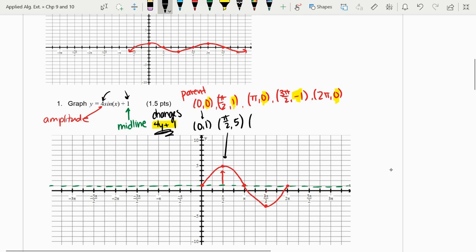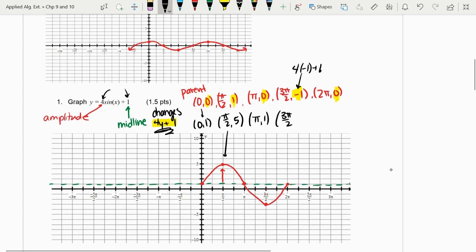So we're great. And I can do this to all these. So this would be at pi, 1. For 3 pi over 2, we would do negative 1 times 4 plus 1. So that would be negative 3, which is where I have it on my graph already, right down there. And then 2 pi just turns into 1. And those are all those points I have on my graph there, all set.